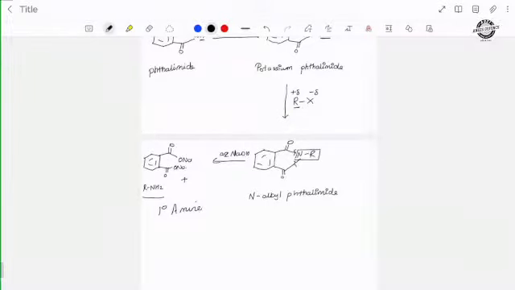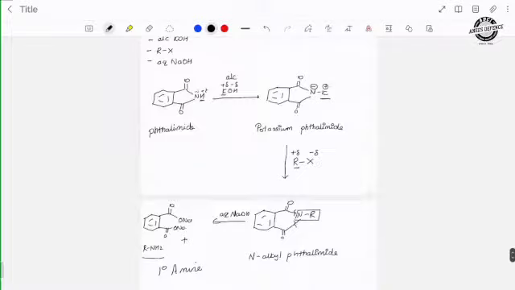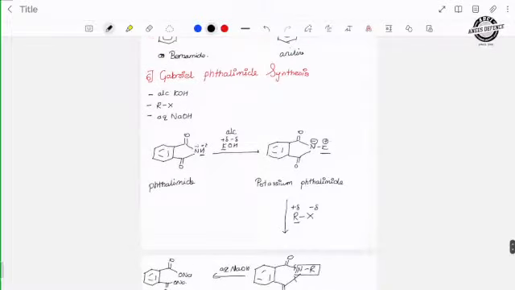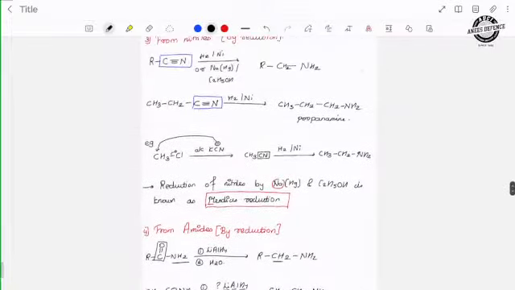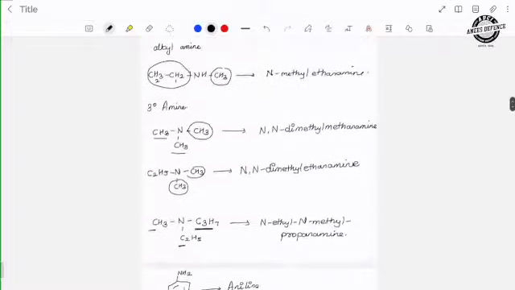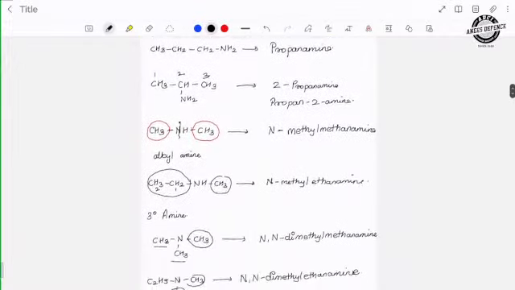Because there was a lone pair of electrons on nitrogen. The reaction stopped at the quaternary ammonium salt. Okay, but in all the five reactions, you are seeing that there was only primary amine. Okay, these were the name reactions.